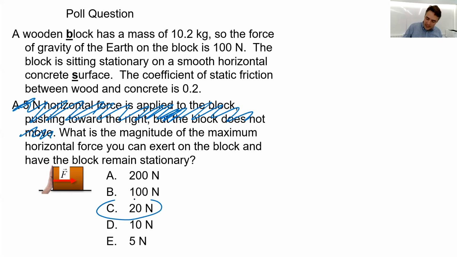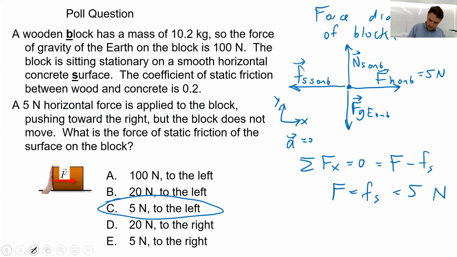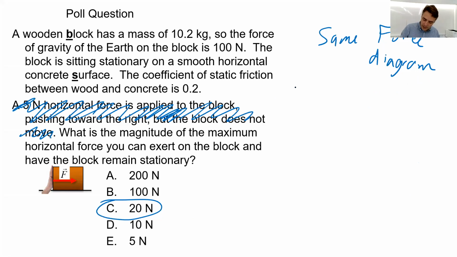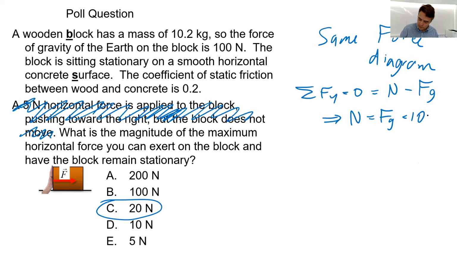So in this case, it's the same force diagram as before, which looked like that. Now, in this case, though, it's not 5 newtons. So what you do is you say that the sum of the y forces is 0. That's equal to the normal force minus Fg. So that implies the normal force equals Fg, which was 100 newtons.